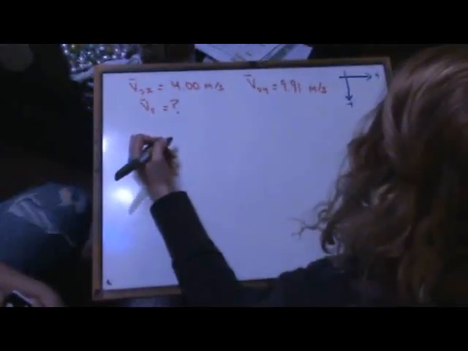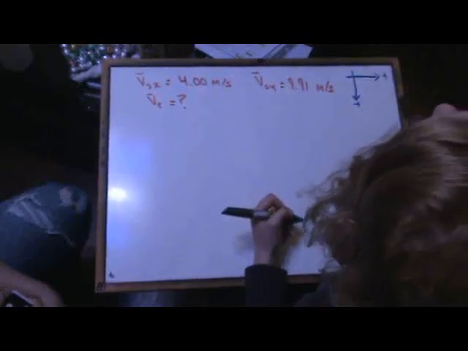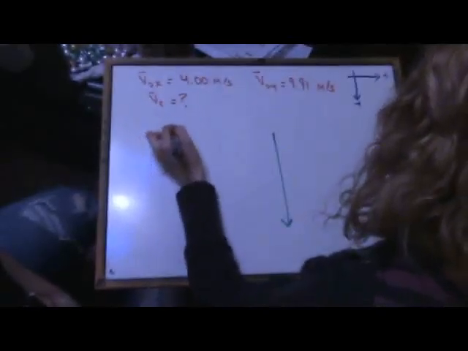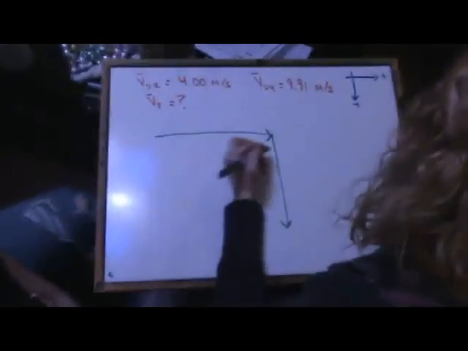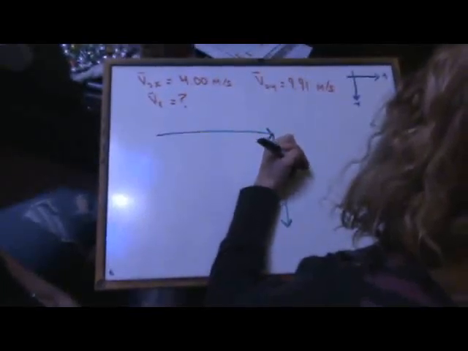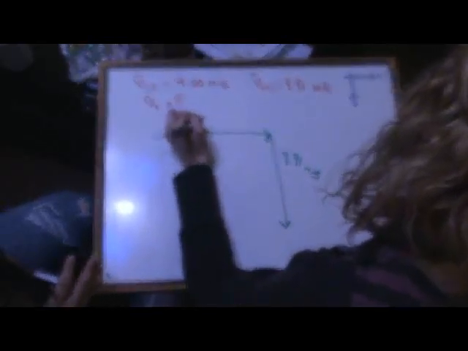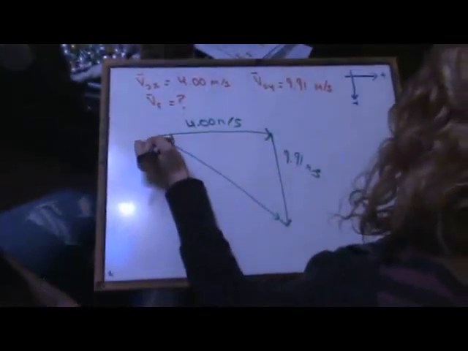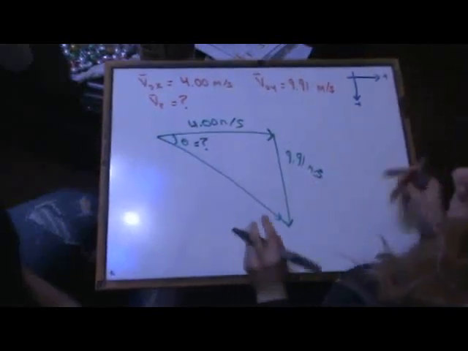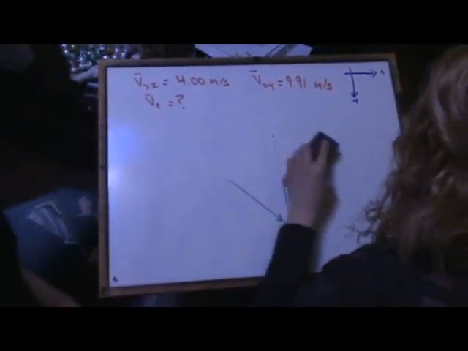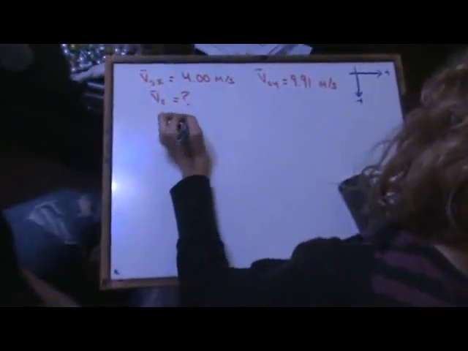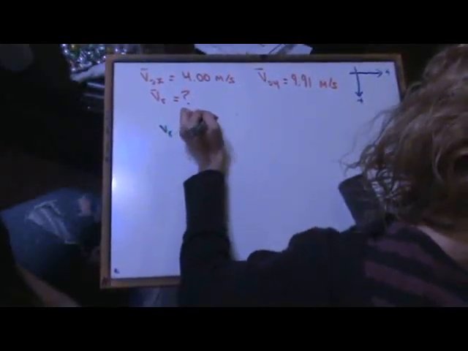The impact velocity is found using the Pythagorean theorem. v2y in the downward positive direction and v2x in the right positive direction can be used to find v final. The v final equation is v final equals the square root of v2x squared plus v2y squared.